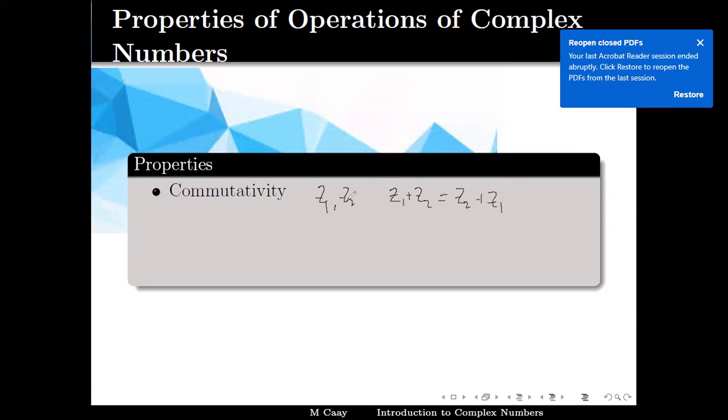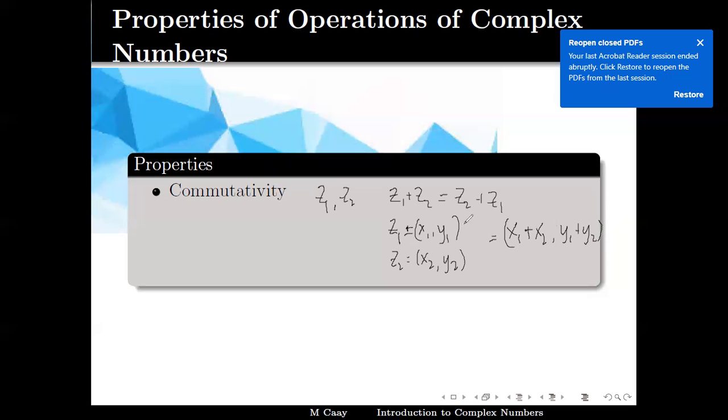So they're commutative because let's say you have z1 equal to (x1, y1) and z2 equals (x2, y2). If we just add these, I can have x1 plus x2 and y1 plus y2.